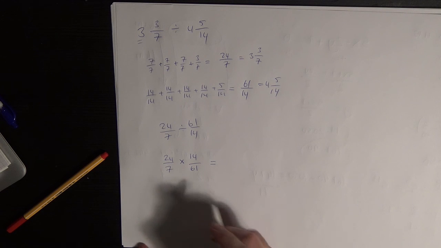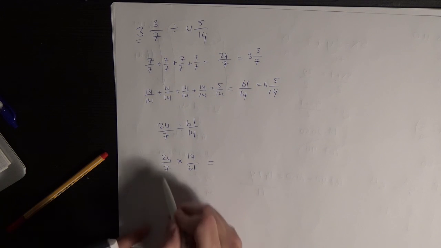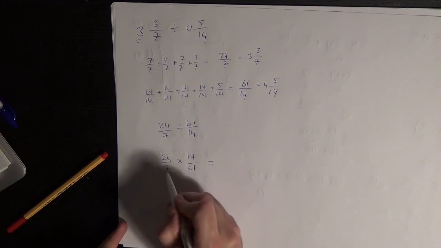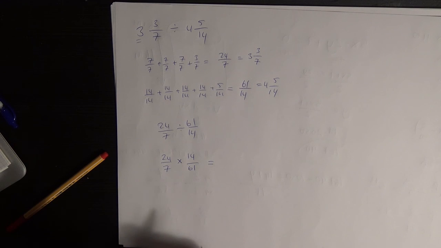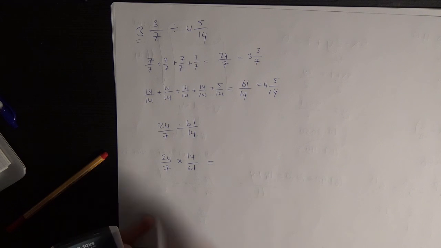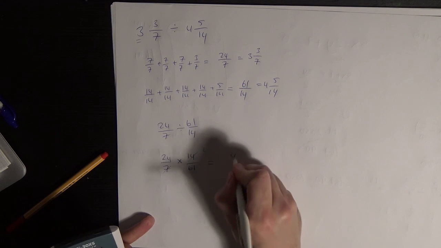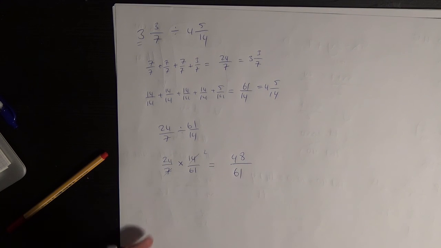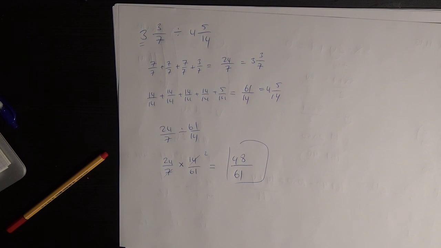If you can, you also need to simplify. So I'll do the simplification within, and I get 48 over 61. Okay, this is the final answer. Hope you did it. Hope you get it.